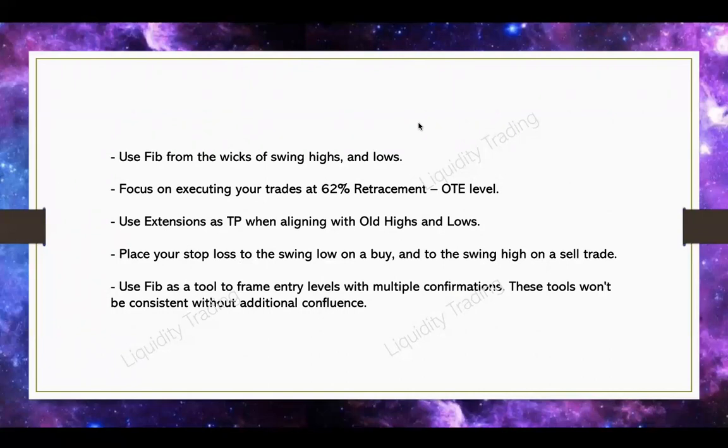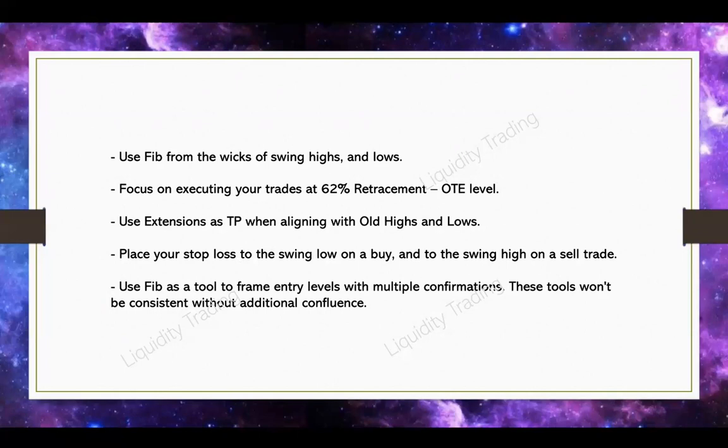Now a quick summary of the fib levels before we move on to the daily cycle. Always use the fib from the swing highs and swing lows. So what do swing highs and swing lows mean? A swing high is a candle formation that has two lower lows on both sides.